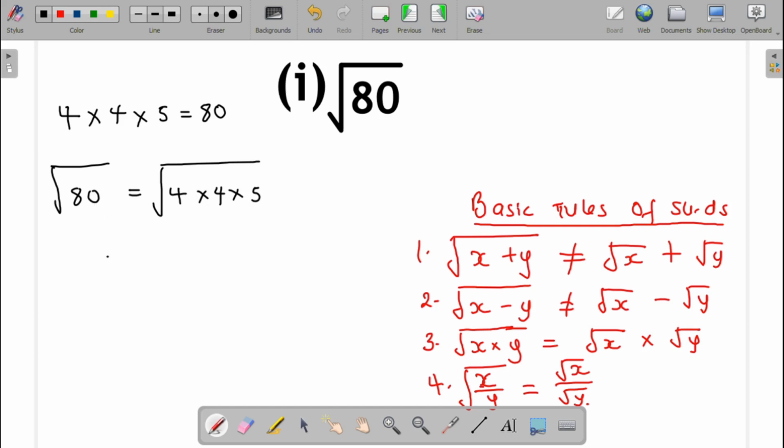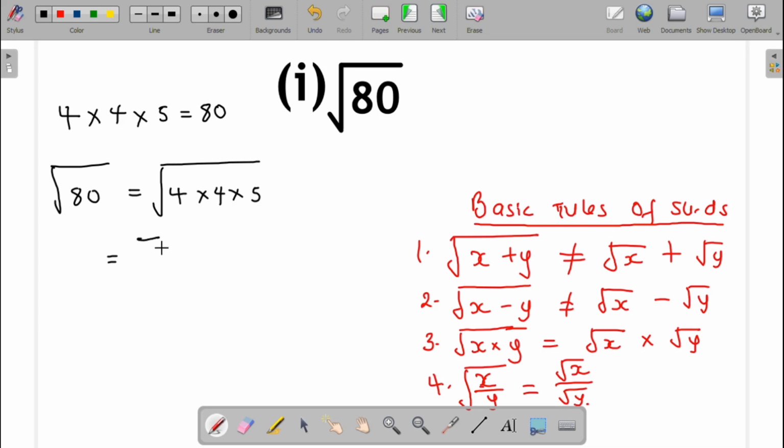Good. Now, following the rules of surds, if you have a surd that has two numbers joined by times, root of x times y, it is equal to root x times root y. They will be separated, each having their own square root. Now we have root of 4 times 4 times 5.